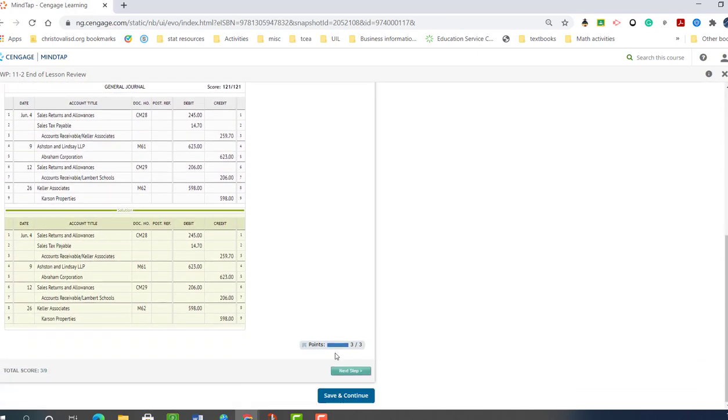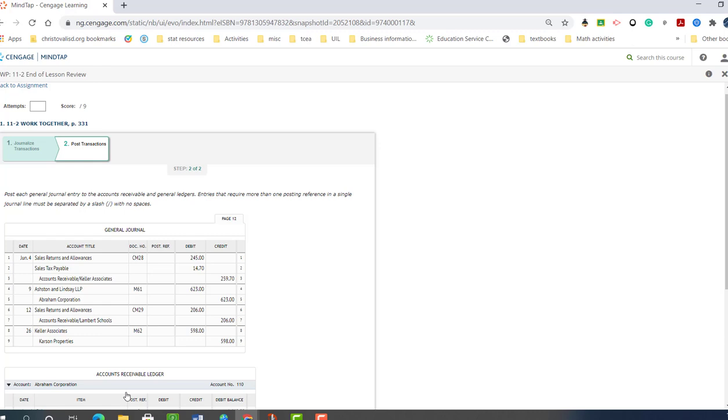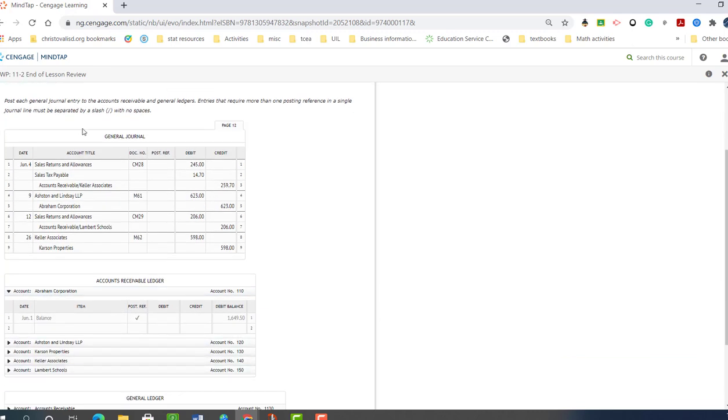Let's go ahead and go on to posting these transactions. And so our accounts receivable ledger, Abram, is going to receive a credit of $623, which is going to reduce their balance to where they now have $1,026.50.